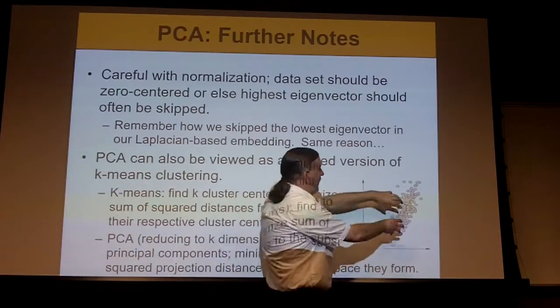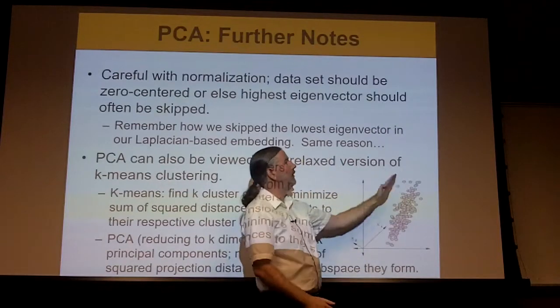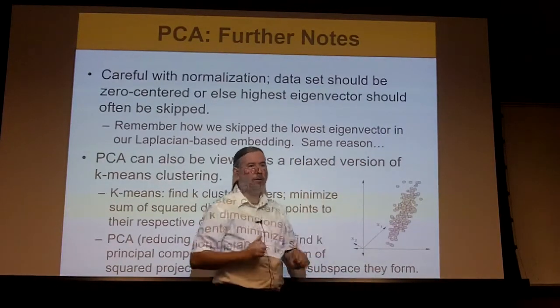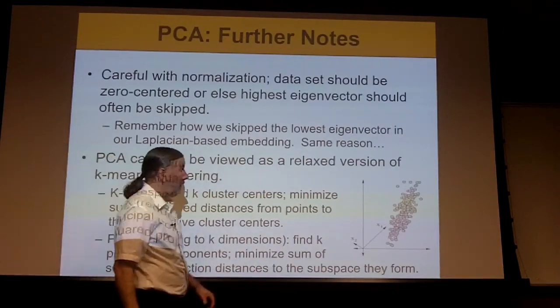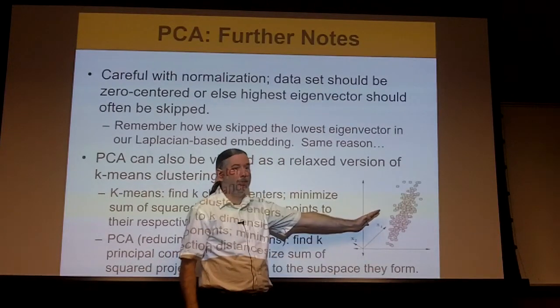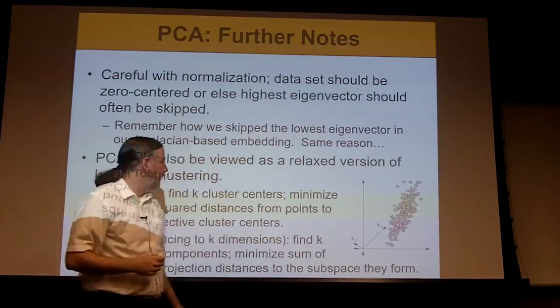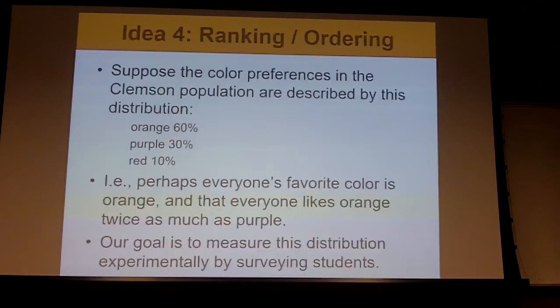Right. Well, imagine if this data was super highly stretched out. That would mean that x1 would be pulled in that direction, which would have a bad effect on x2 and the rest because they have to be orthogonal to x1. So if you do the normalization correctly, usually x1 turns into a vector of all ones. It becomes trivial, just like the Laplacian's lowest eigenvector was. And I can definitely talk about that offline with you if you want. But normalization is important with PCA. Normalization is important in many different applications.